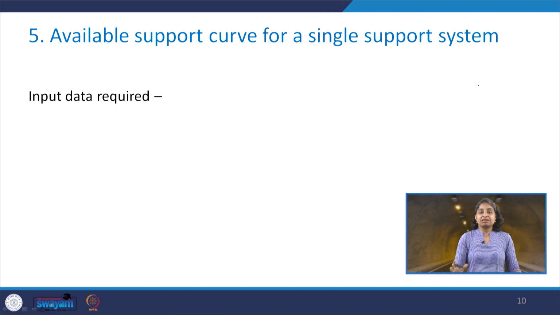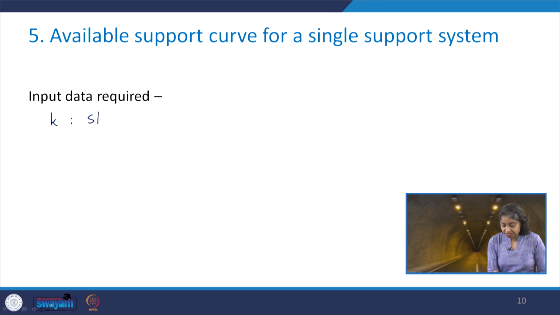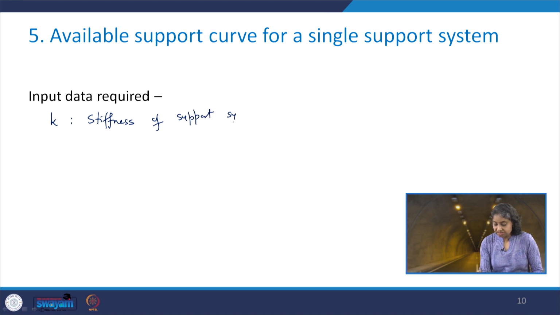So, now we take a look at how we should determine the available support curve for a single support system. For that, what is the input data that is needed? Let us first take a look at that. Here we will need the K, which is the stiffness of the support system under consideration.